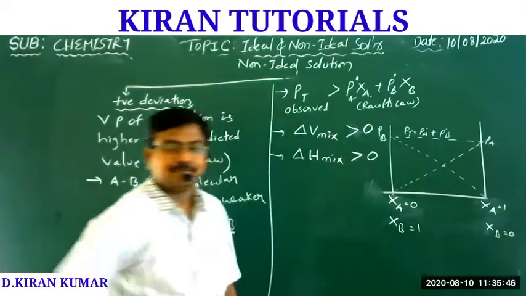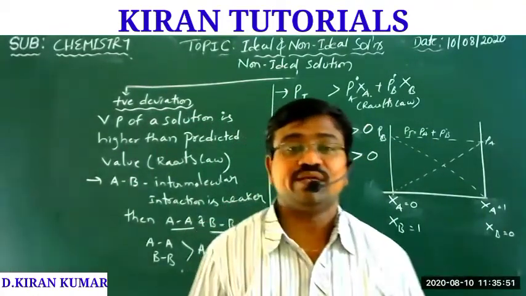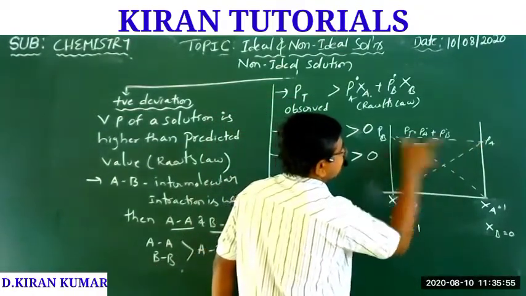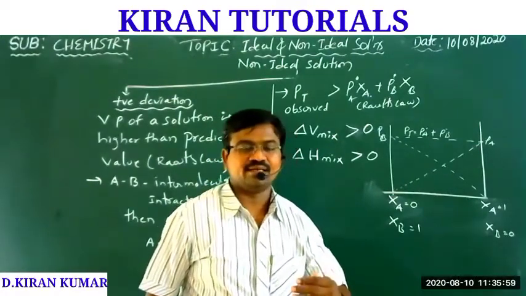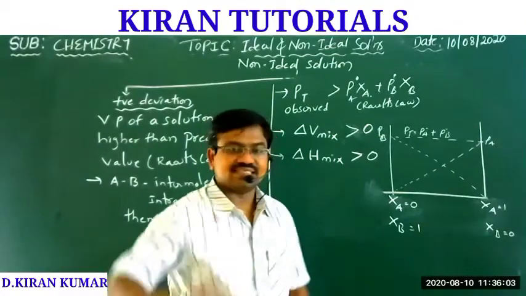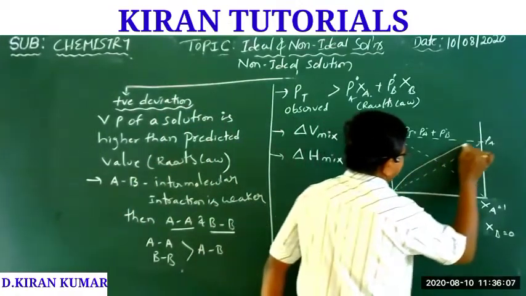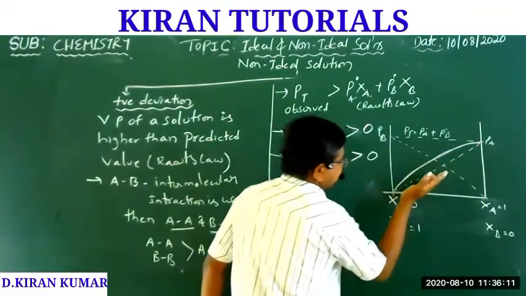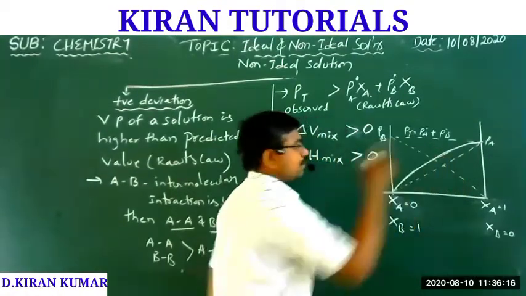Clear? But what is positive deviation? From Raoult's law, there is a predicted pressure. But due to weak interaction present between A and B molecules, the pressure increases. Normally the pressure is a predicted value from Raoult's law, but this is from observation.